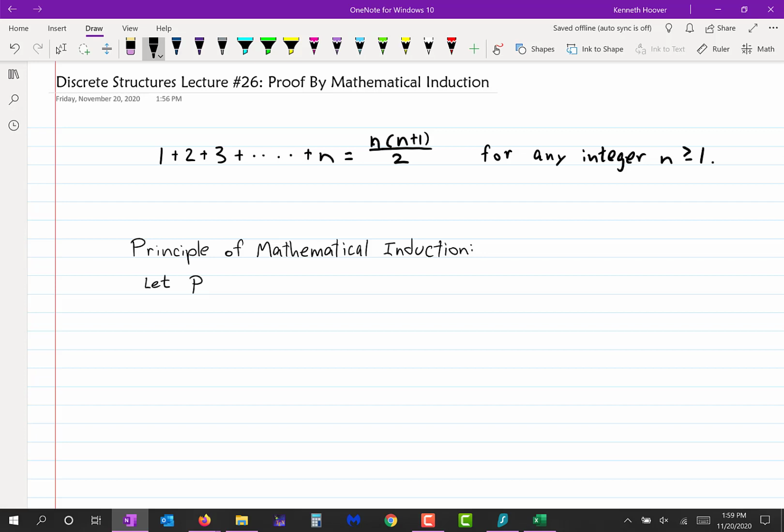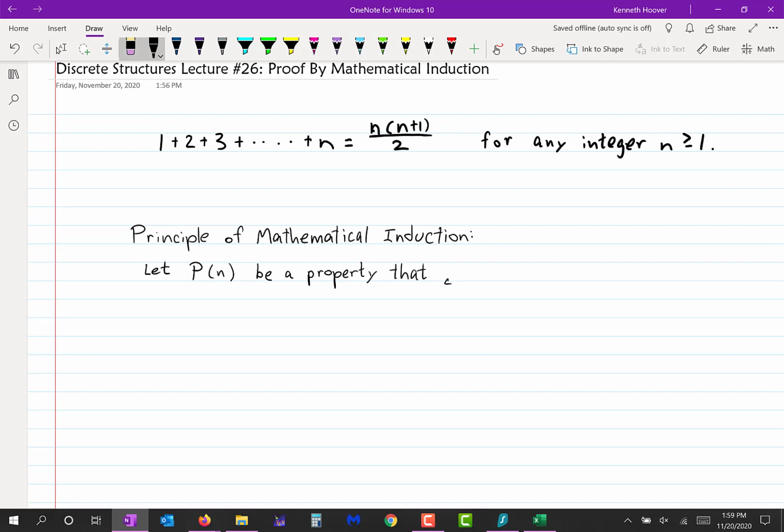Let P of n be a property that claims to be true. Well, let's say it like this. Be a property about some integers.